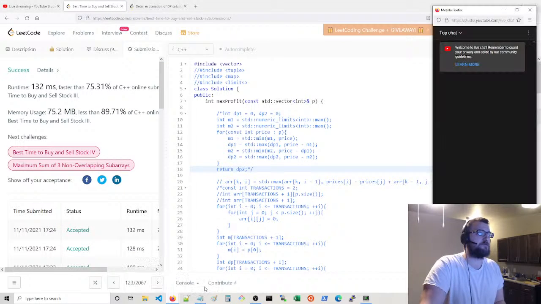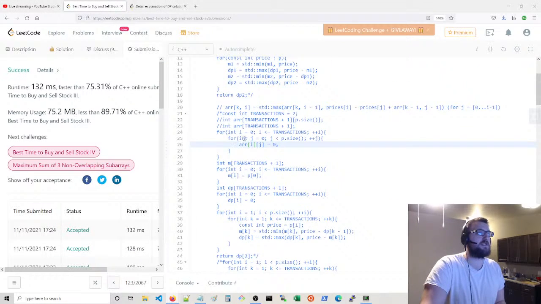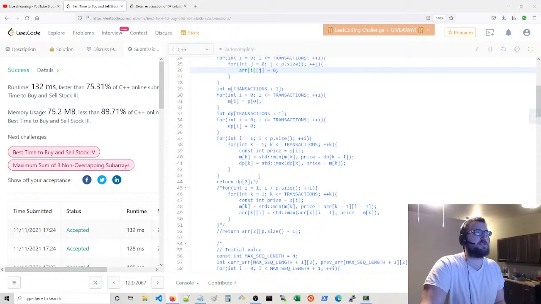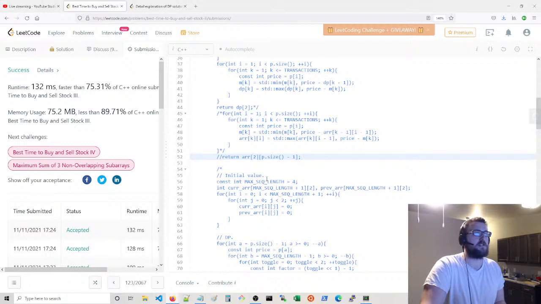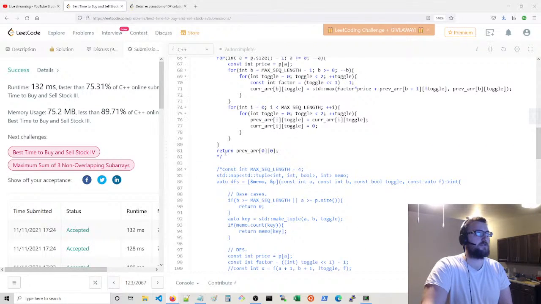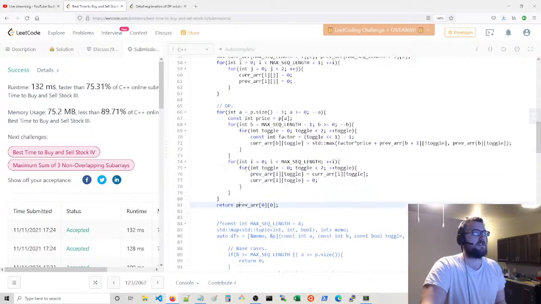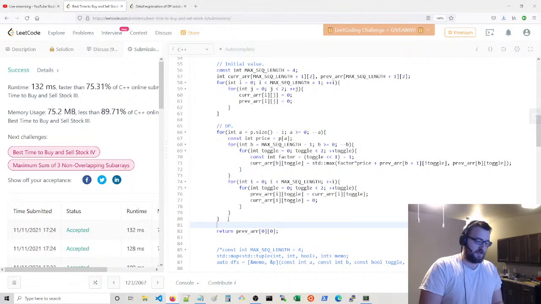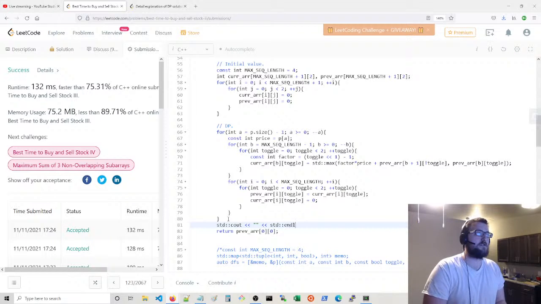But now here's what we're gonna test. You ready for this? We're going to test the generalizability of these two. So we're going to take this code, which we know is correct. We're not going to return it, but we're going to say standard cout, and we're going to get a new line, and we're going to take this value.